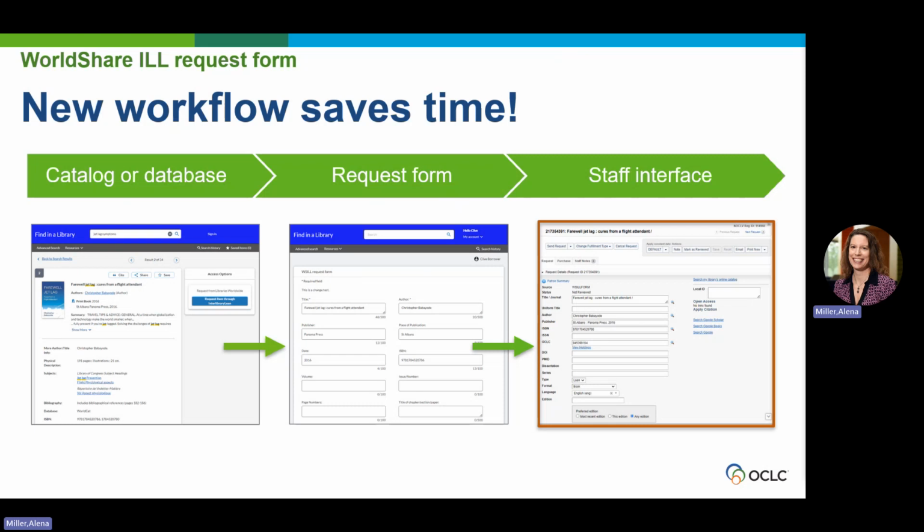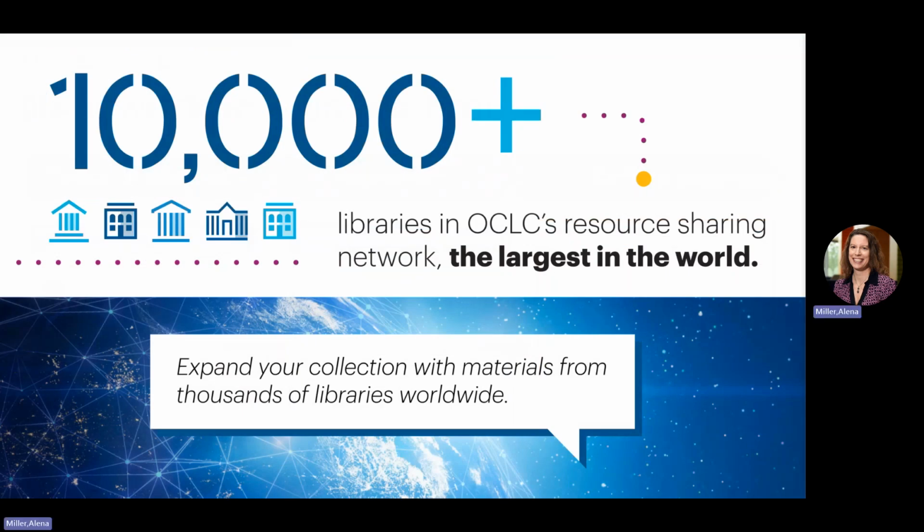So creation of the lender string, applying of constant data, and if you like, even sending the request to lenders can happen without you even touching the request. So with OpenURL, requests flow seamlessly into WorldShare ILL so that you can obtain items for your patrons from more than 10,000 libraries on the OCLC network.